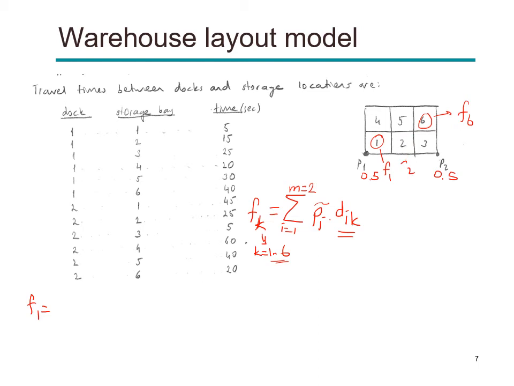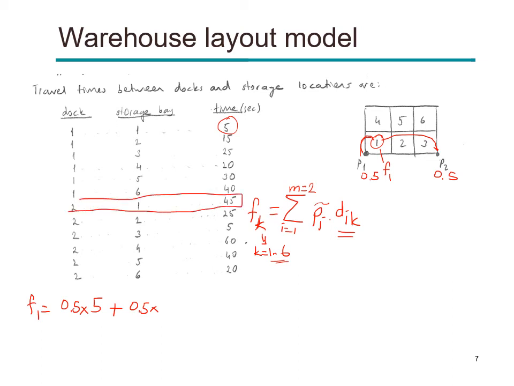F1 is the percentage from the storage location and the dock, which is 0.5, times the distance between this storage location and this dock, which is 5, plus the percentage that this storage location makes with the other dock, which is 0.5, multiplied by the distance between dock 2 and 1, which is 45.